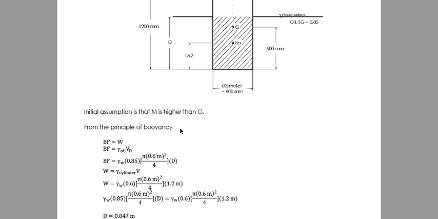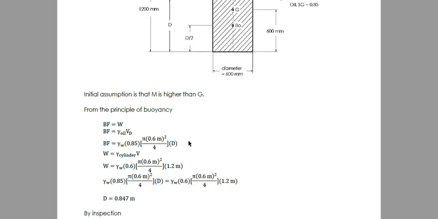So we are solving for the draft. Ayan. So in terms of d dapat ito. And then the weight of cylinder, so gamma of cylinder, which is wood, and the volume of the cylinder. It's equivalent to gamma of water times specific gravity ng wood times the volume, so area of the base times height.